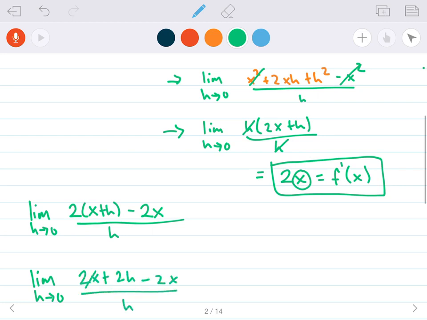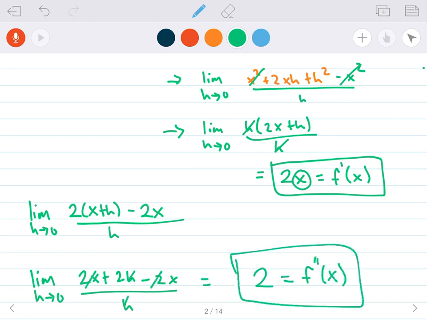All right, so these guys cancel, the h's cancel, and I'm just left with 2. So this is going to be my f double prime of x. It's my second derivative. Okay, so the first derivative of x squared was 2x. The second derivative is just plain old 2.